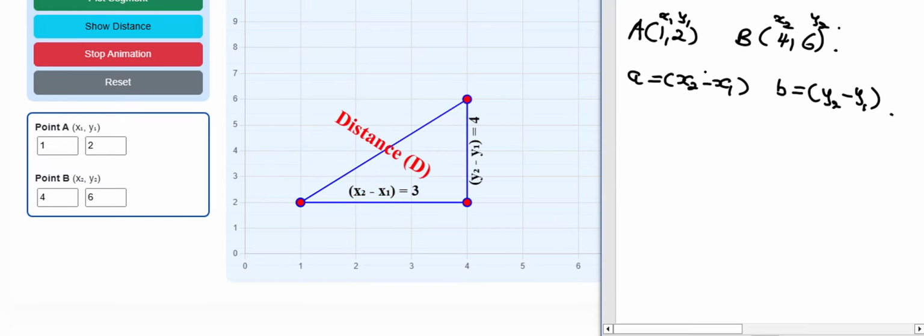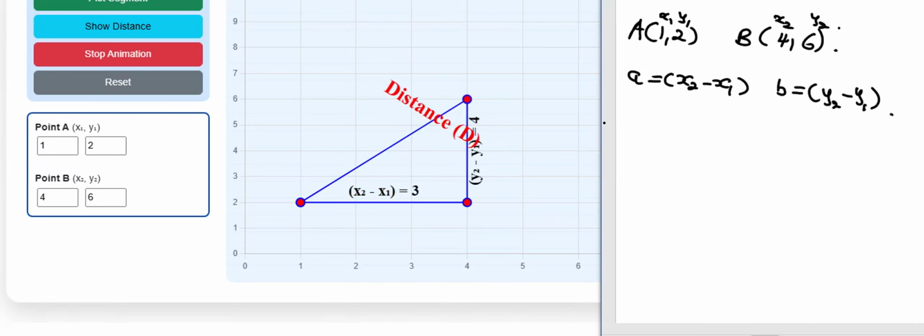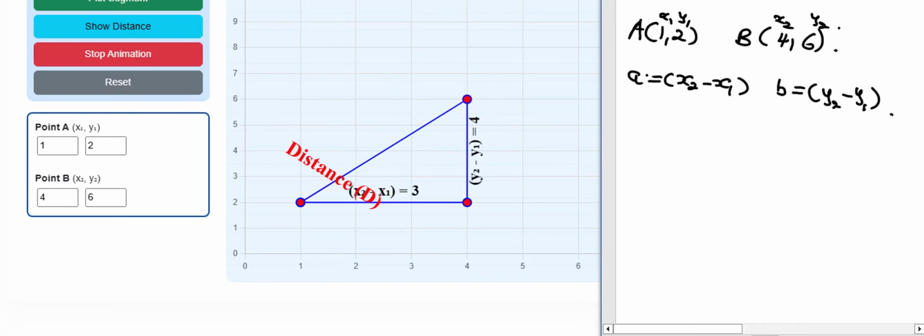So here, if I have all those values and I want to get this distance, I can simply replace the values here first. A is equal to x2, which is 4, minus x1, which is 1, which now becomes 3, and then B is the same as y2, which is 6, minus y1, which is 2, now becomes 4.